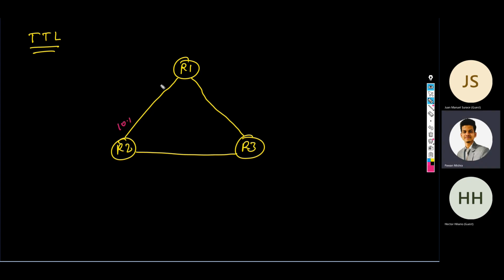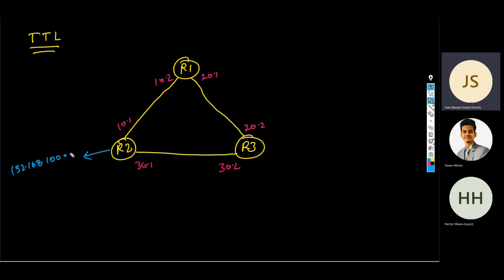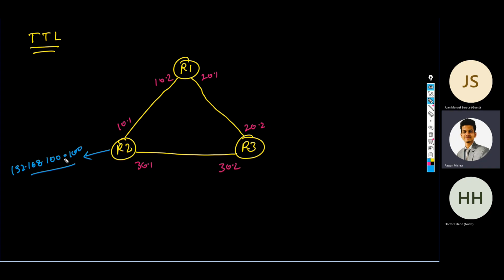Here we have 10.1, here we have 10.2, 20.1, 20.2, 30.1, 30.2, correct? Again, this R2 router wants to communicate with 192.168.100.100, correct? Okay. Now what will Cisco do actually?